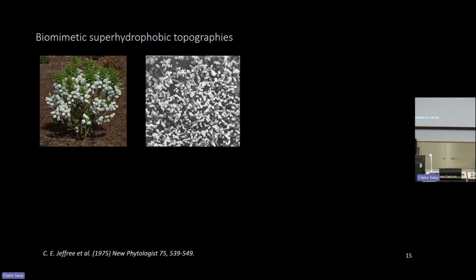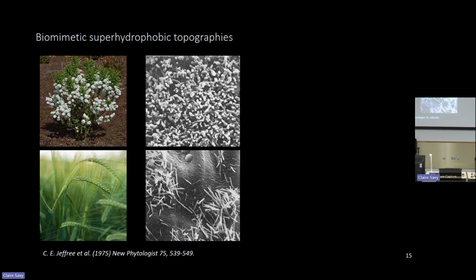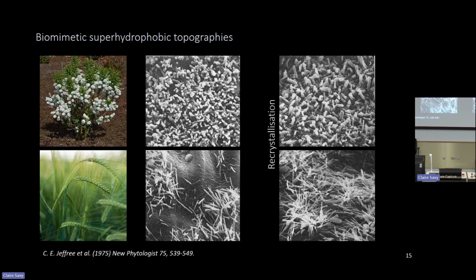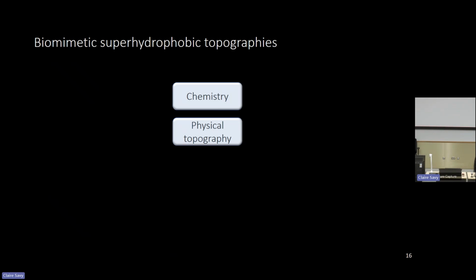There's been loads of good research by plant biologists in the early days when scanning electron microscopy was just coming up. So in the 1960s and 70s, they scanned loads of surfaces of different plant waxes and extracted them, recrystallized them, and they could get more or less similar structures.